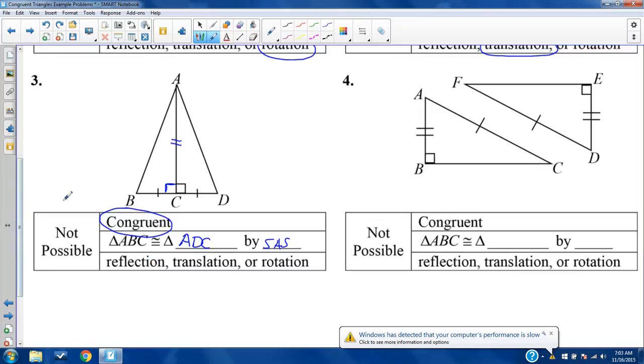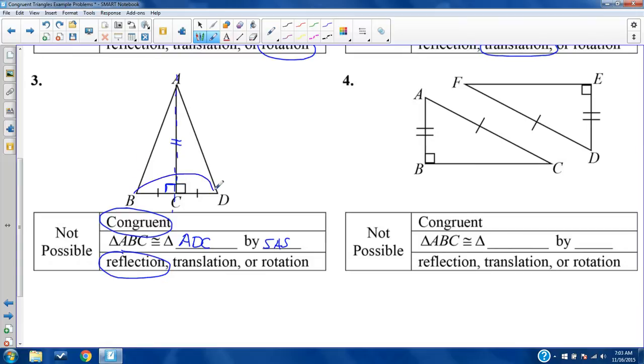So if you think about what congruent images are, it's if you can do a composition of transformations that can map one of your things on the other. So for instance, this one's a reflection, because I can reflect it across segment AC, or across this line that AC is on, and this would go over to here, and these points would be on each other right here. So that one is a reflection.